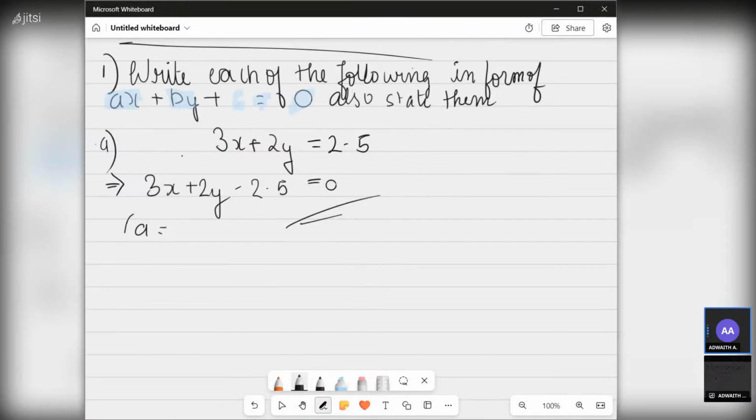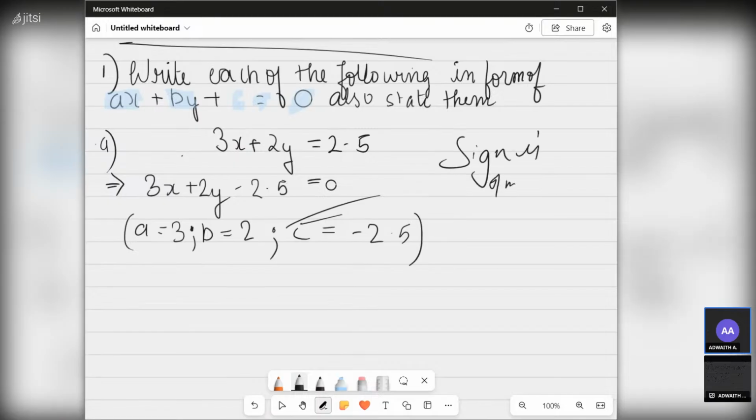In the parenthesis you write a equal to 3, b equal to 2, semicolon, c equal to negative 2.5. Never forget the sign is important. You always miss the sign, so write the sign also.